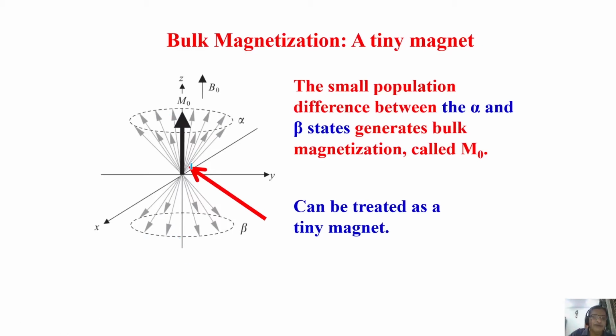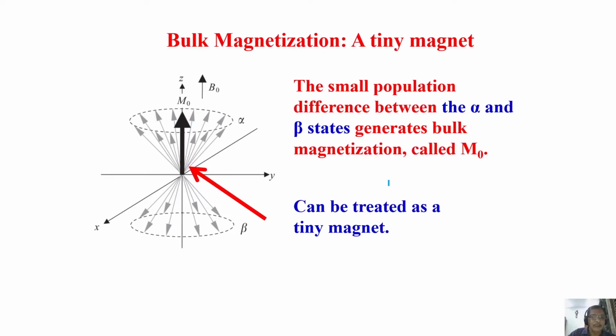Because of the Boltzmann distribution, there is a population excess of spins in the direction of the magnetic field, so the vector addition of these two orientations along the z and minus z direction gives a net polarization, or net magnetization, or net vector in this direction. This was called bulk magnetization, which is represented as M naught.